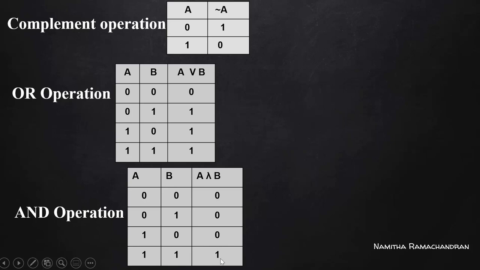Both are 1, then the result is 1. So in the case of AND operation, from this table it is clear that only if both variables contain value 1 does the result become 1. In all other three cases, the result is 0. But in the OR operation, if either of these variables contains value 1, then the result becomes 1.